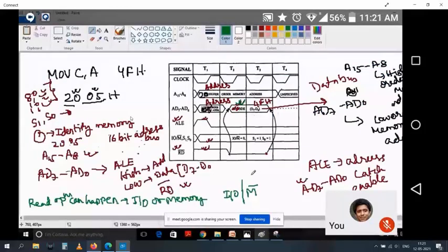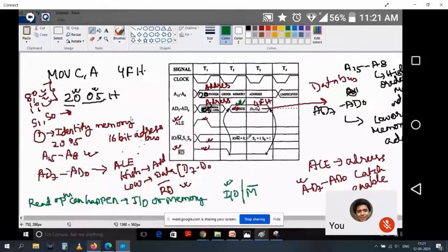If the signal is low, then it is a memory operation. If the signal is high, then it is an input output operation. Here it is a memory operation, so input output memory has gone low.